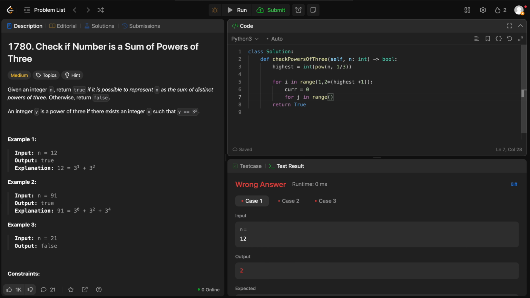So for j in range, oh, I'm so bad at this. So I get 1, 2, that means 1, 3, that's both of them. 4 as third one. 5, okay. I think it's just highest. Again, plus 1.